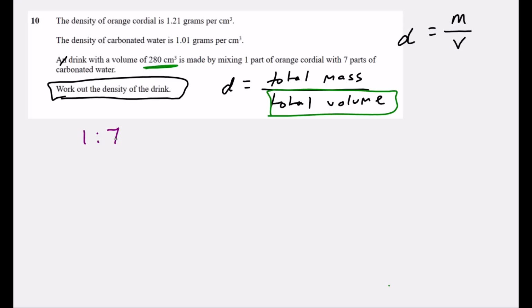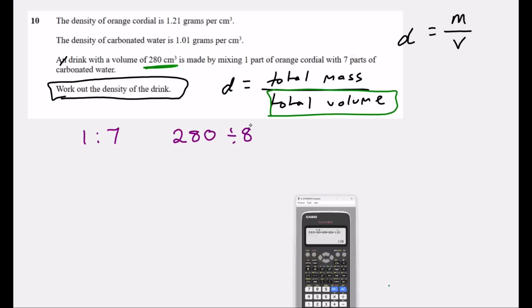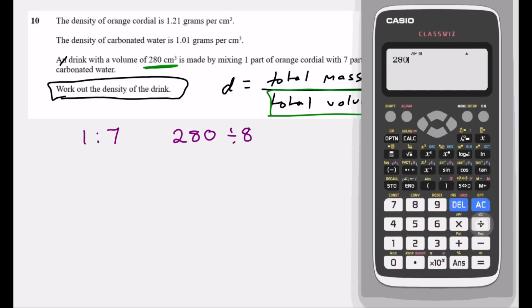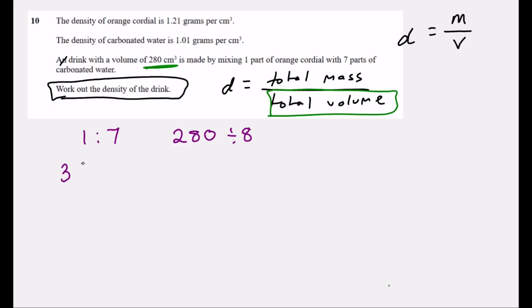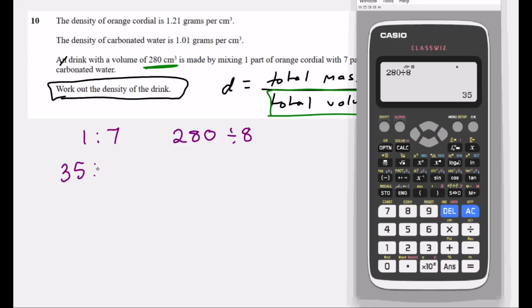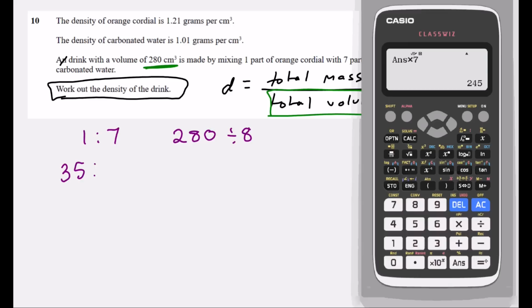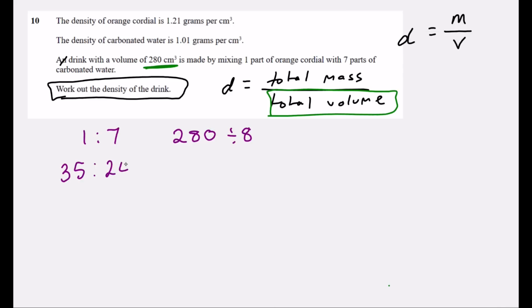So it's a ratio 1 to 7. So there's 8 parts. 280 divided by 8 is 35. So 1 part is 35. 7 parts is 245. So that's the volume of the orange and the volume of the water.